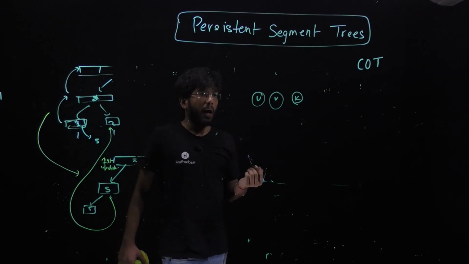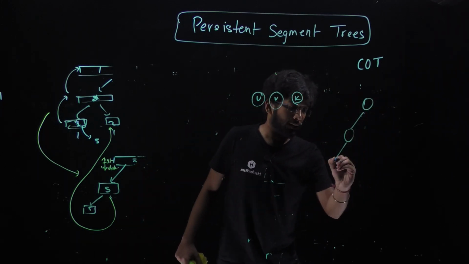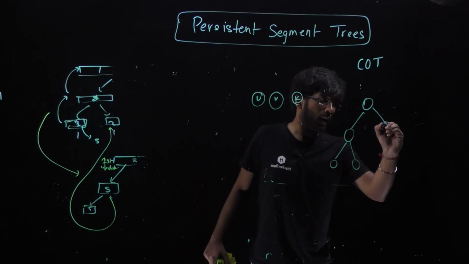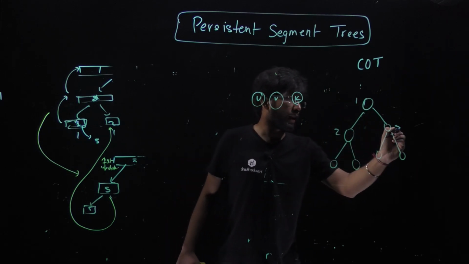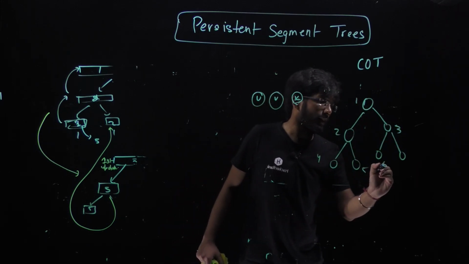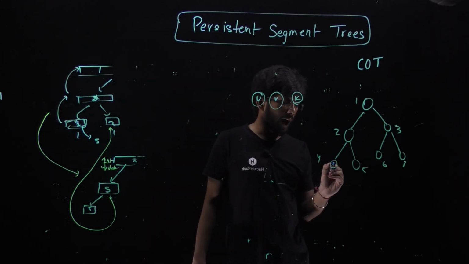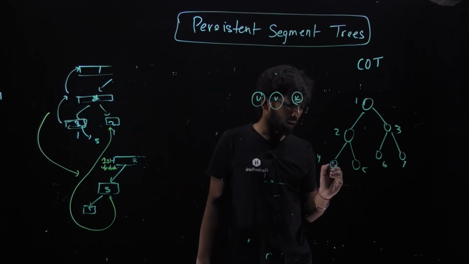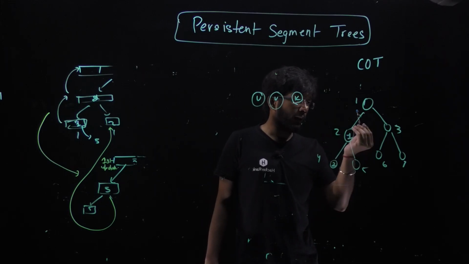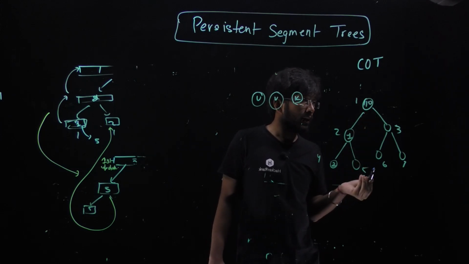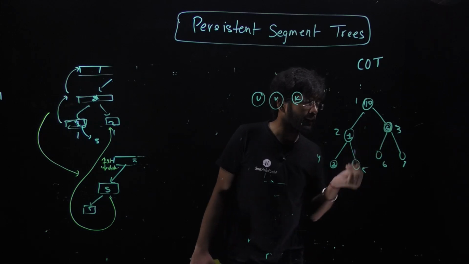Or I can show it to you more clearly. Let's assume that this is our tree. This is node number 1, 2, 3, 4, 5, 6, 7. Let's assume this node has some weight 2, this has 1, this has 10, and this has 6.